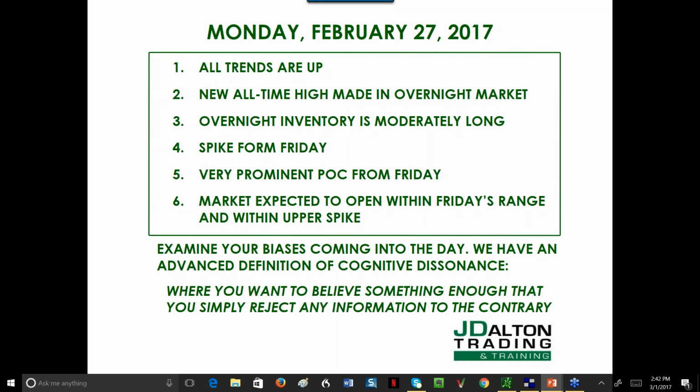So as we get near the opening, we're watching overnight trade, and we see the market expected to open within Friday's range and within the upper spike. When you open within range of any kind, the odds are, at least early, that you're going to get chop and you're going to get rotation, that the market is within balance.